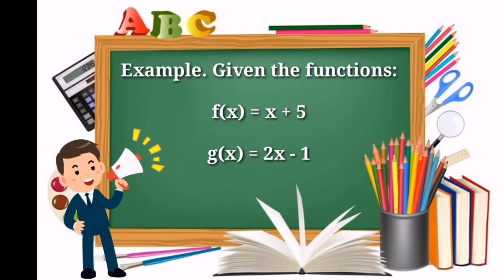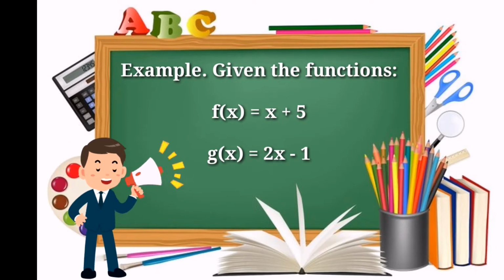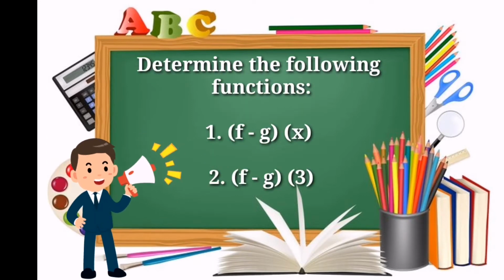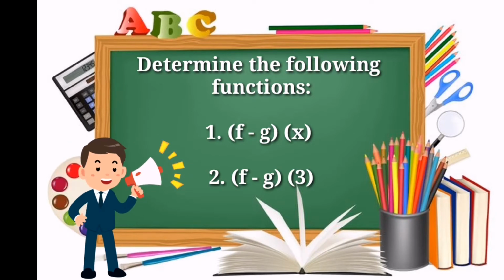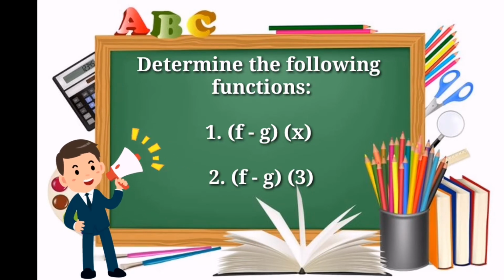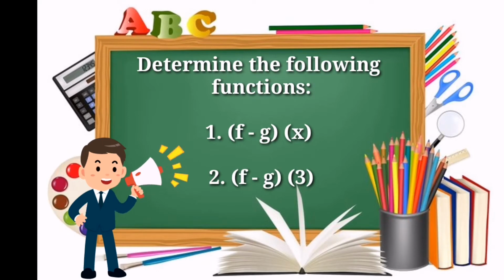Example, given the functions f of x equals x plus 5 and g of x equals 2x minus 1, determine the following functions. Number 1, the quantity f minus g of x, and number 2, the quantity f minus g of 3.